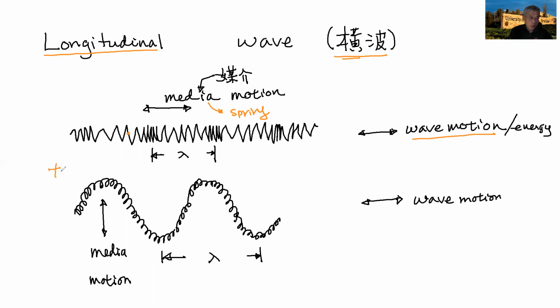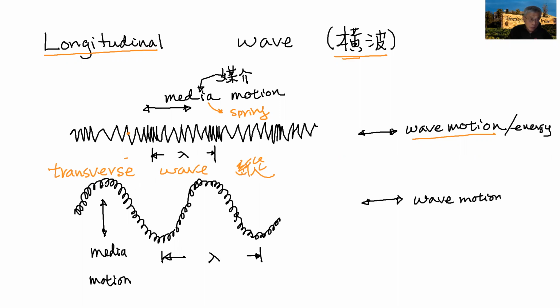Next, this is a transverse wave. Transverse wave, this is 纵波, right? So what you do is shake it up and down like that, and then you create something like that.